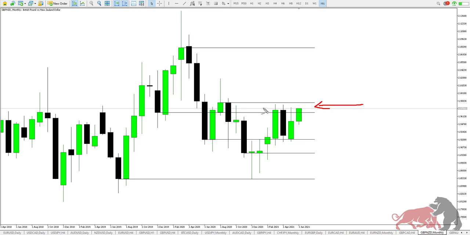Now if you look at the open of this candle and the close of this candle, right? Now let's get those numbers quickly. So this one, the close is coming in at 196,779. This one, the open is coming in at 196,829. A few pips from each other, but it's the same when you're talking of a monthly chart.